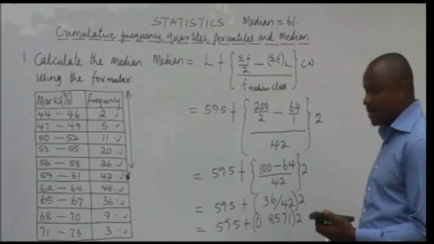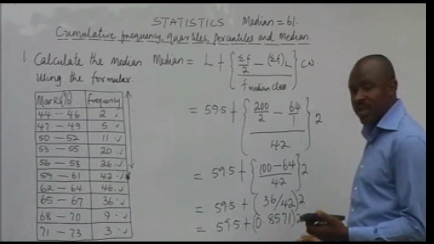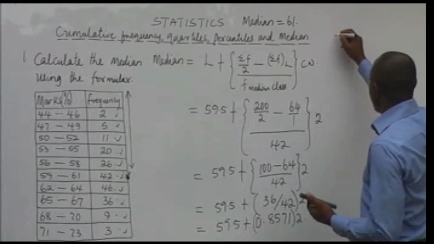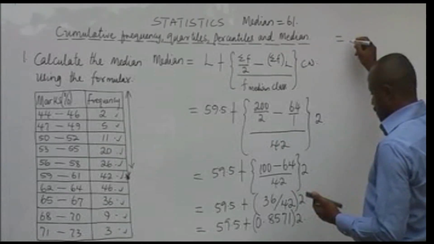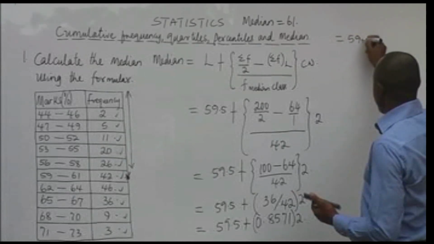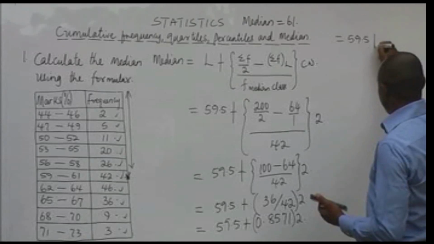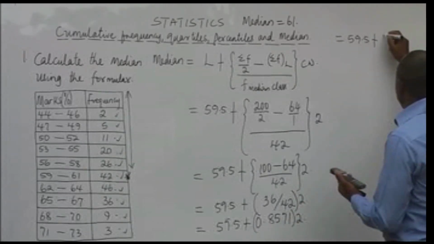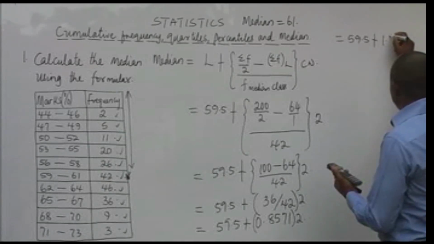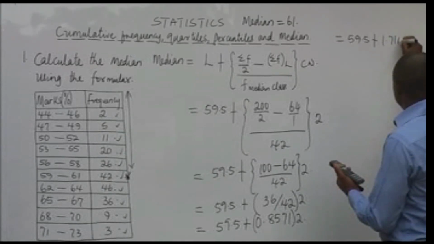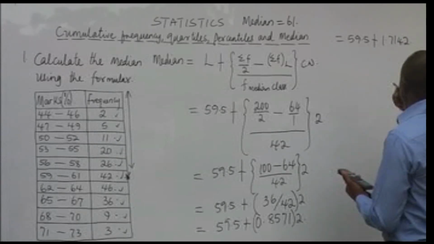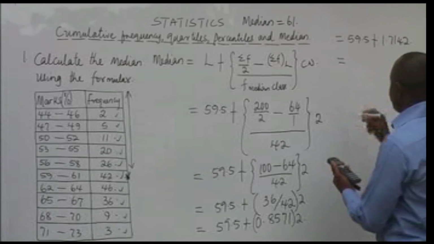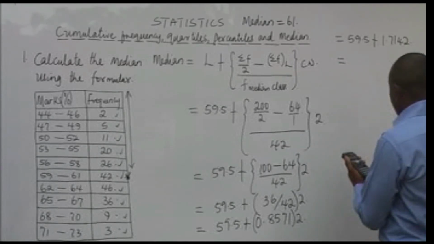Remember your BODMAS. You evaluate the bracket first. So what we're going to have after all is that our median is going to be equal to 59.5 plus, multiply this by 2. It's giving us 1.7142. Then add the two of them together. Whatever it gives you is the median.